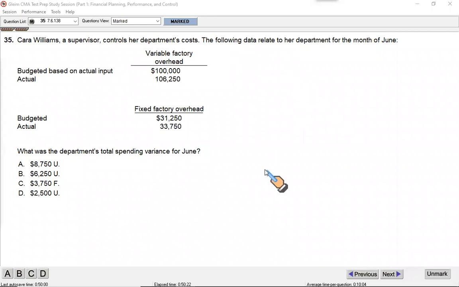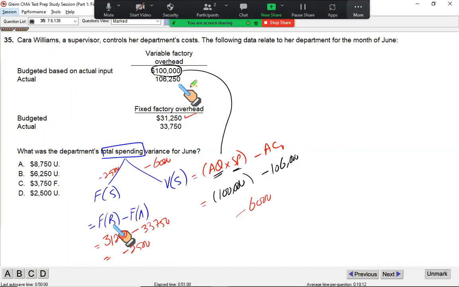Okay, now look at this. There was a little mistake here in our computation. Let me rectify that mistake first. Here we should have written 106,250, which means it's going to be 100,000 less 106,250, which means it is negative.